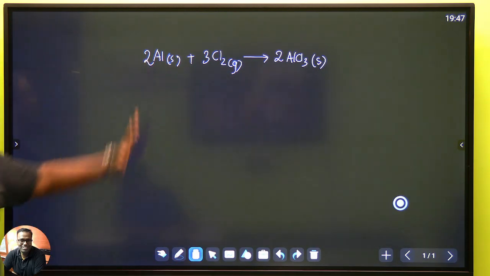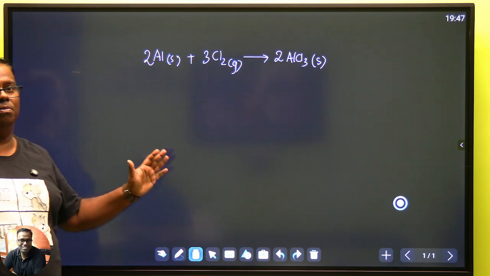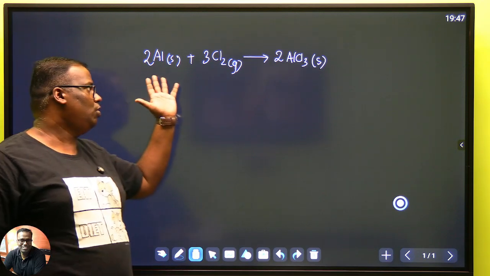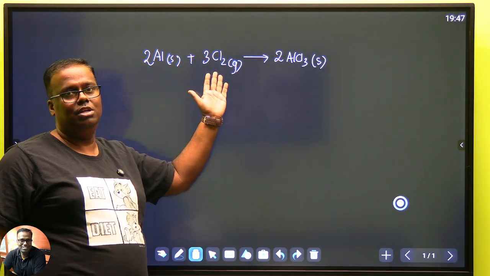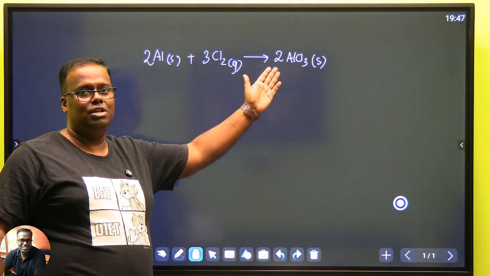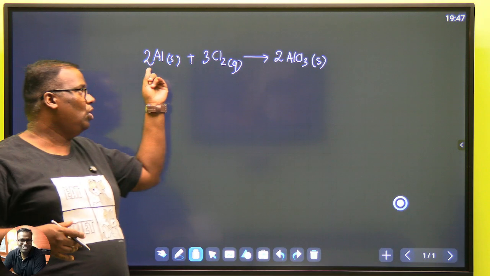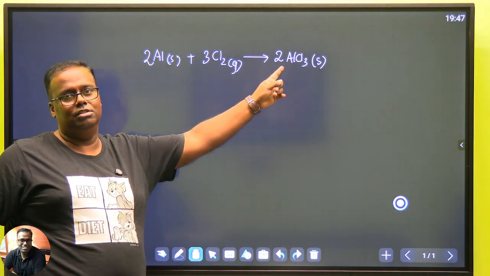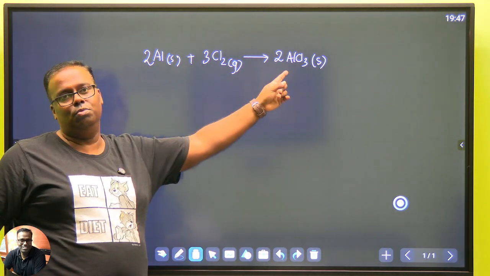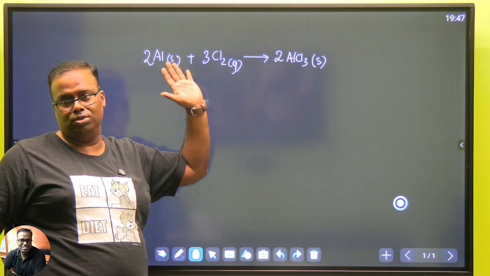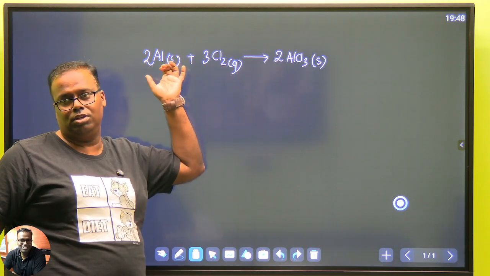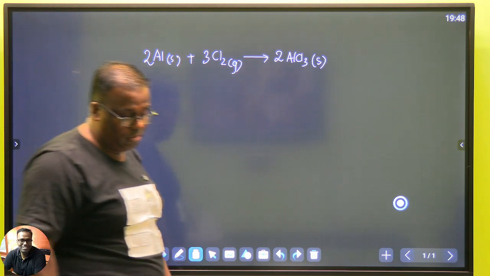First absorb the reaction. After that we'll do the problem. What is the reaction? 2 moles need 3 moles. Give you 2 moles. Okay, this is the yield question. 2 लगाएंगे तो 2 मिलेगा. 3 लगाएंगे तो 2 मिलेगा. In whichever terms they ask you. They may ask you in terms of this or they may ask you in terms of this. ठीक है? Now let's go by the data.